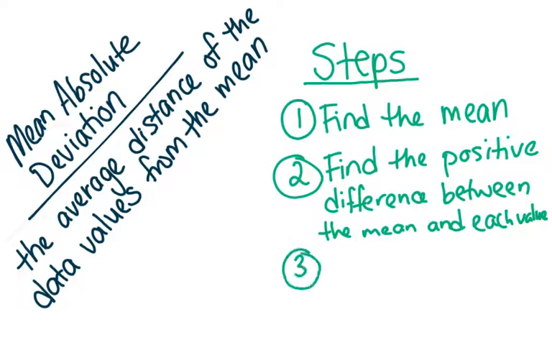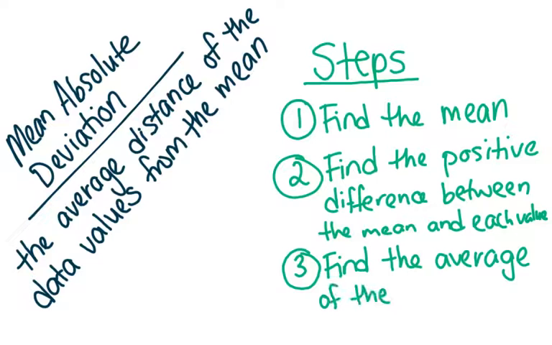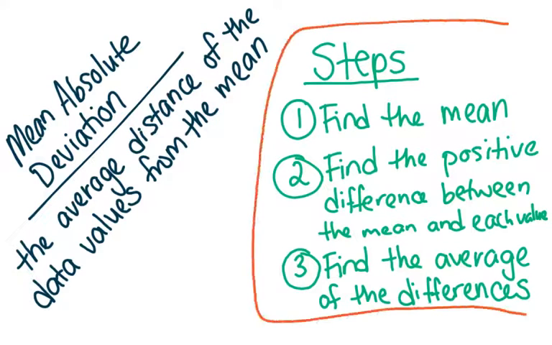And then step 3, the final step, find the average of the differences. And there you have it. You can calculate the mean absolute deviation.